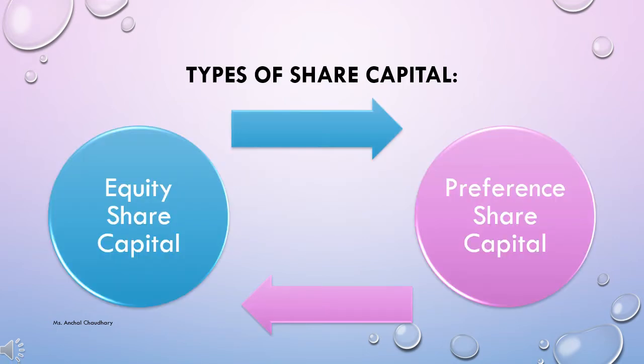Next is types of share capital. Basically your share capital is divided into two parts. First is your equity share capital and second is preference share capital. Equity shares are also known as ordinary shares.